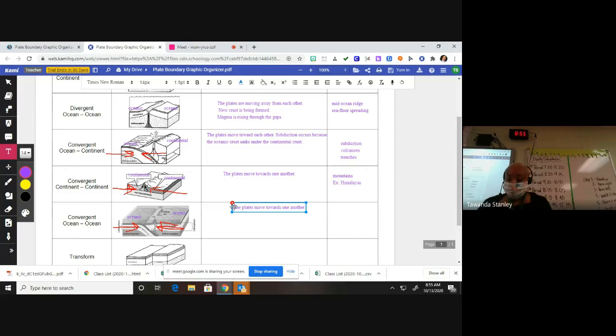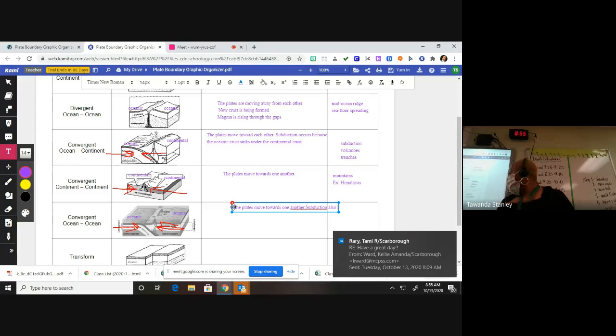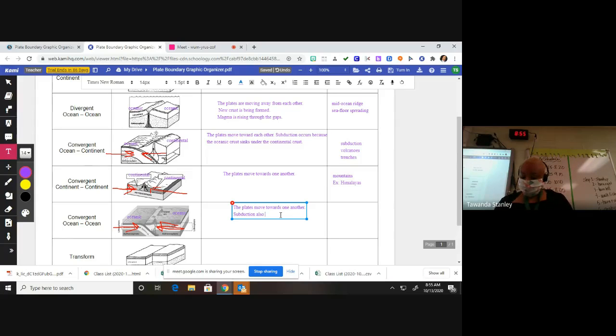And then we're also going to put subduction also. And then we're going to give our example.